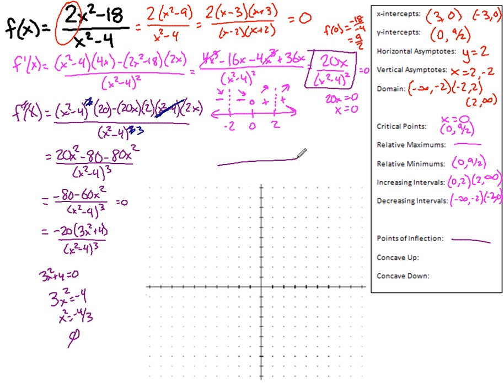However, I still need to draw a line graph. There's no points of inflection to draw, but again, I need to plot my vertical asymptotes. So I need to check something at all three regions. Well, checking 0 will be the easiest, but again, let's take a look at something. If I take a number and I square it, it's going to be positive.